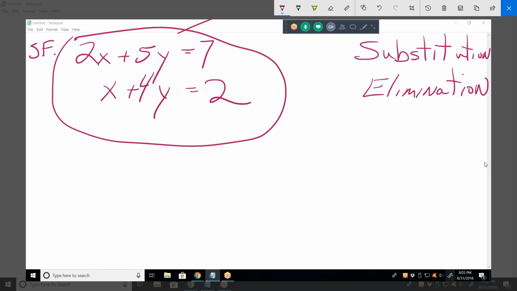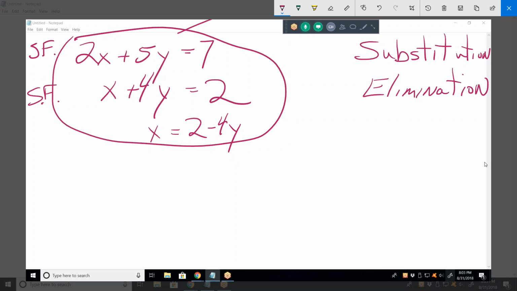And by standard format, I mean the x and the y are on the left side of the equation and a number is on the right. Okay. I could rewrite this second equation so that it looks like this. And now it's not in standard format anymore. It's completely defined in terms of x.